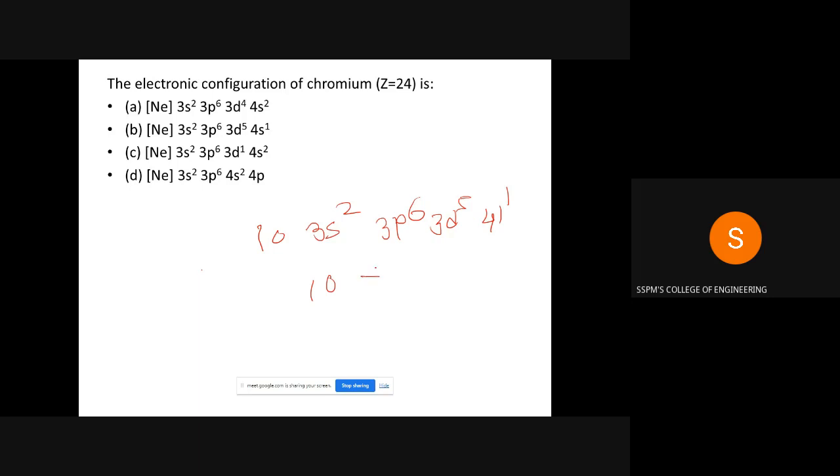The outermost shell contains 6 electrons, 6, 6, 12 and 14, so the total is 24. So this is the atomic number and this is the correct electronic configuration. The d orbital and s orbital are related to the Aufbau principle: the lowest energy level is filled first. So it contains 3s2, 3p6, 3d5 and 4s1.